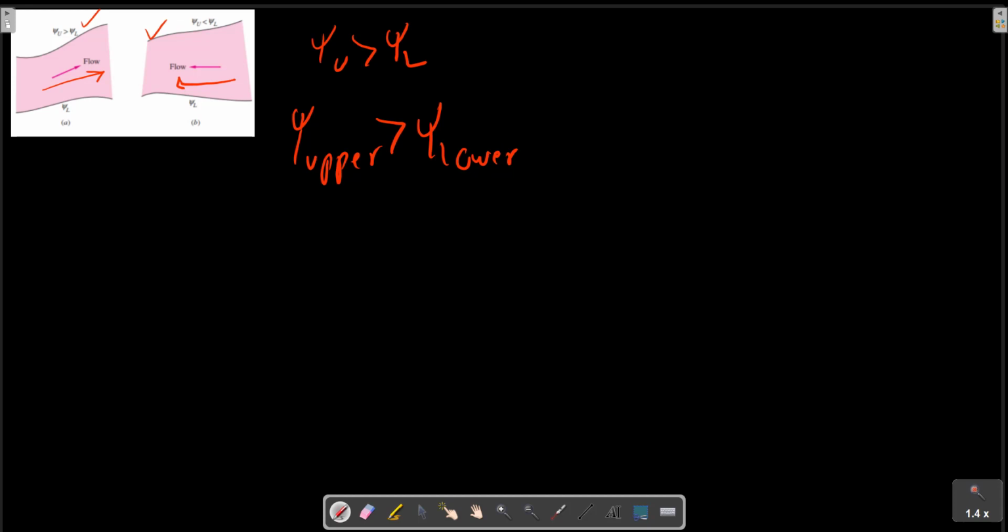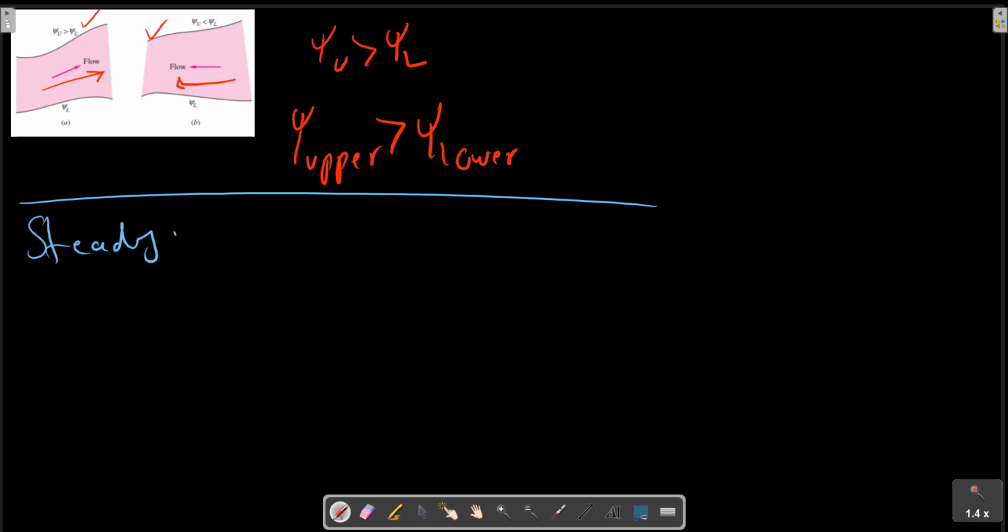The next subsection is the steady plane compressible flow. Suppose now that the density is variable but the z direction velocity is 0.